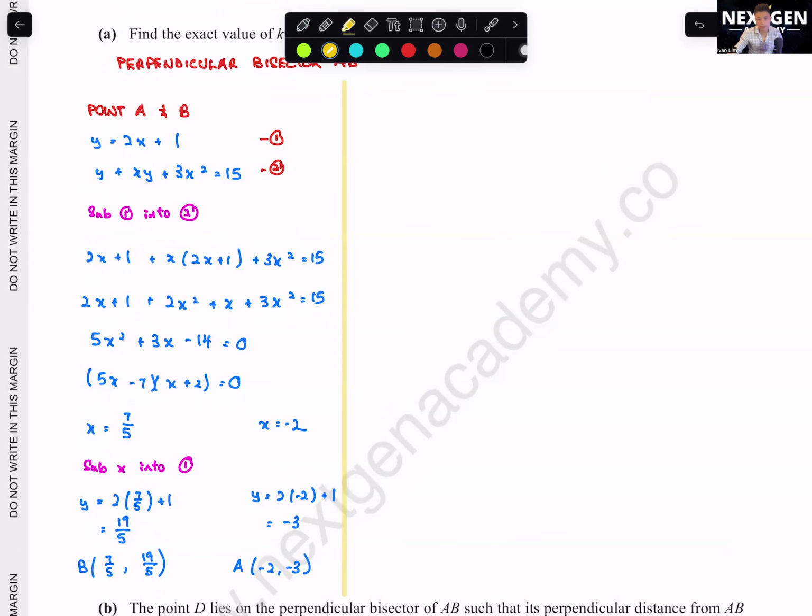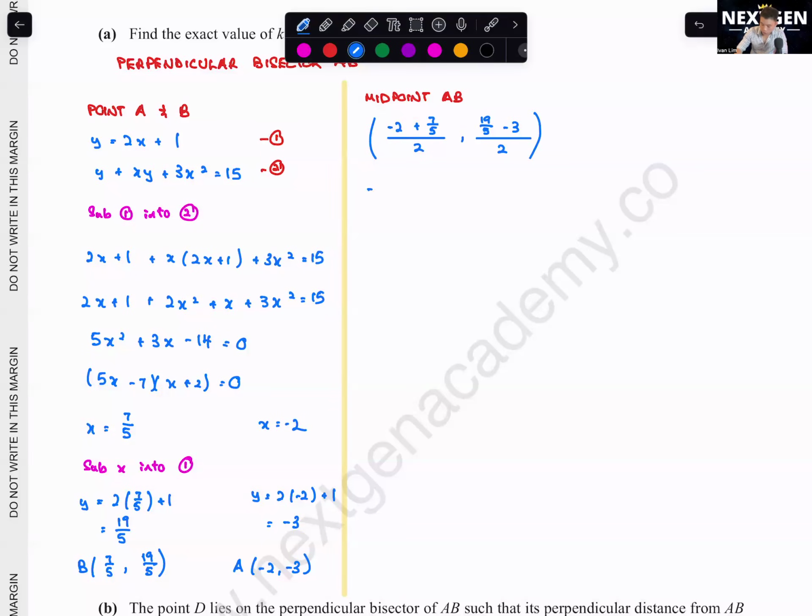For the perpendicular bisector, we need the midpoint and the gradient, and we put into y minus y1 equals m(x minus x1). Let's find the midpoint first. Midpoint of AB: we take (x1 plus x2) divided by 2, which is minus 2 plus 7 over 5 divided by 2, then (19 over 5 minus 3) over 2.